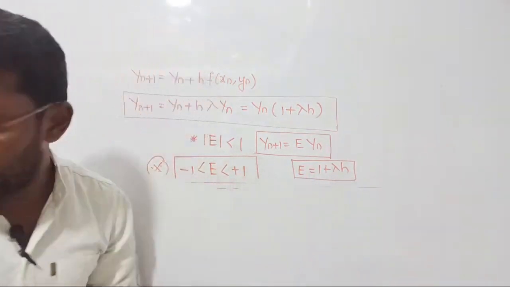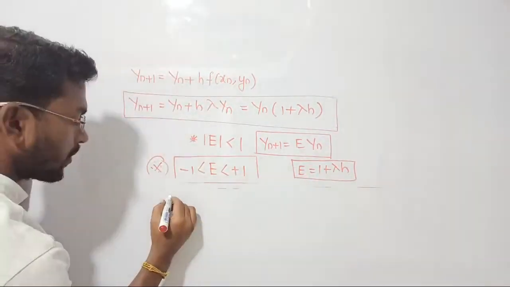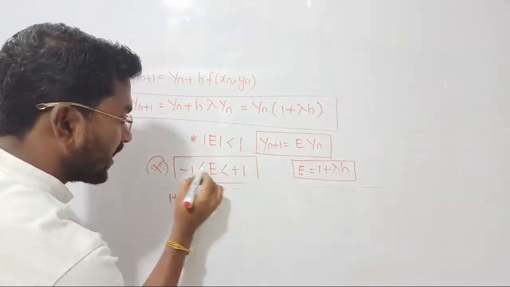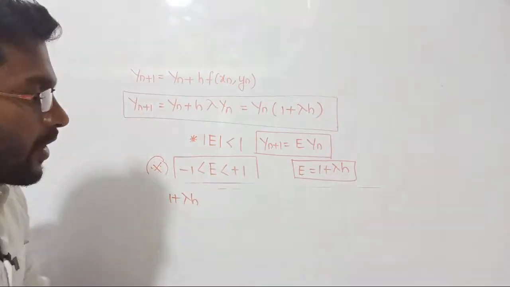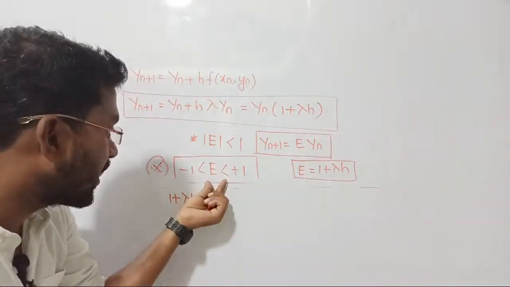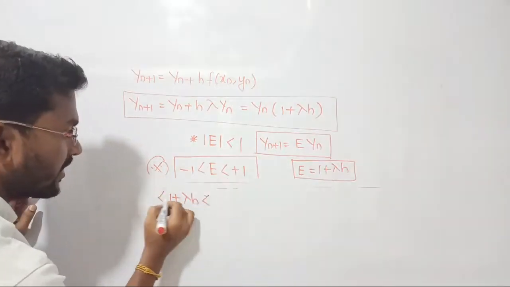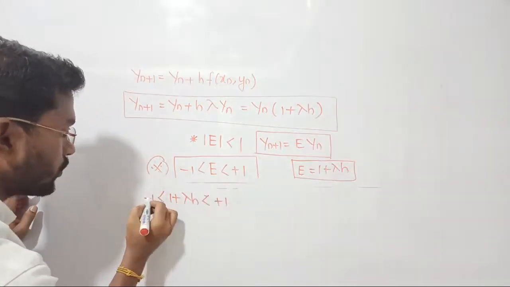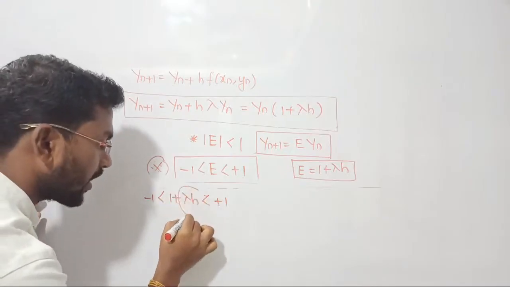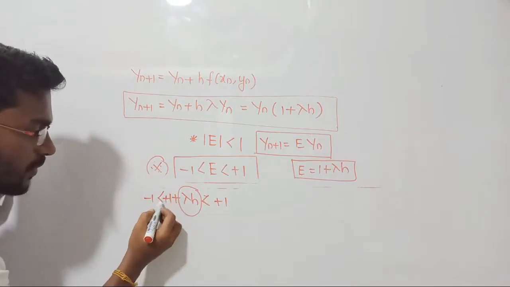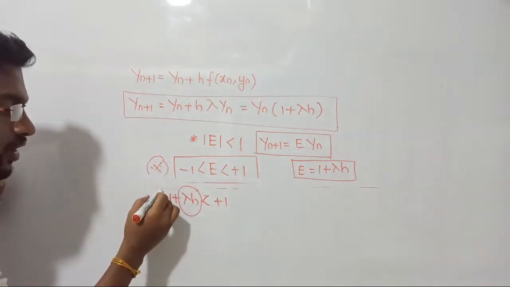Immediately when you substitute this, you will get the answer. Now look at what I have got: the error equation as 1 plus lambda h, correct? Yes, but what we know is that the error lies between -1 and +1. So in place of the error e we can substitute 1 plus lambda h, correct? Yes, so this lies between +1 and -1. This is our error coefficient or range of the error. It's over. Now if you pass this 1 outside, since it is +1 it becomes -1, and it will go to both sides.